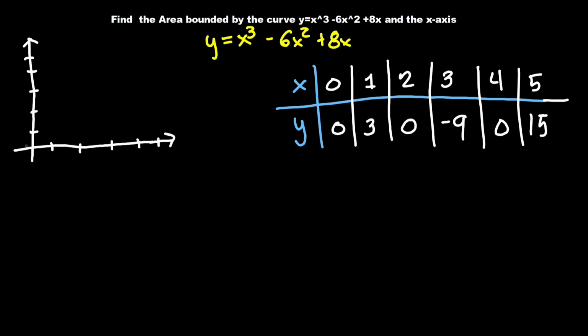So this would be 0, 0, 1, 3, 2, 0, 3, negative 9. Let's just estimate this like this. 4, 0, and 5, 15. So it is a very big y value. So it would be something like this.